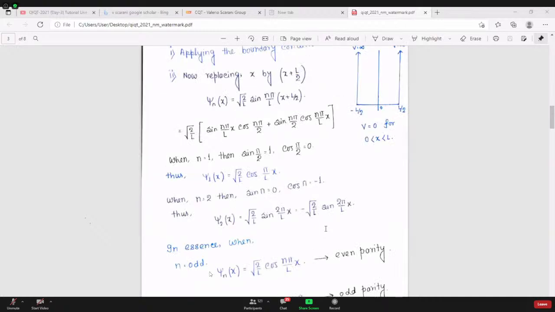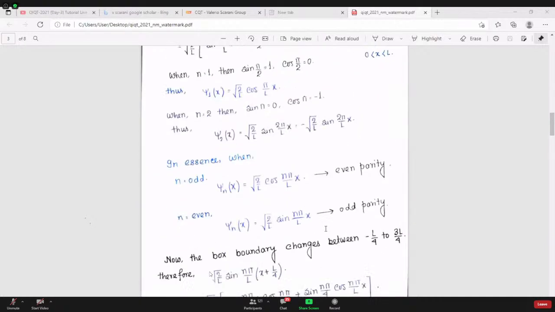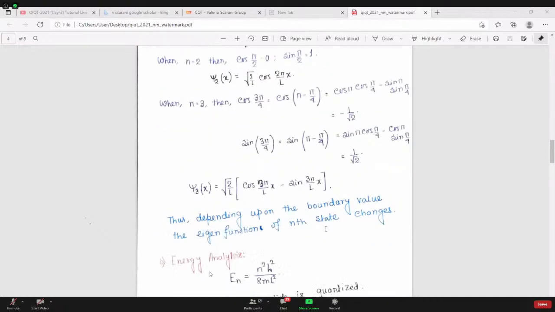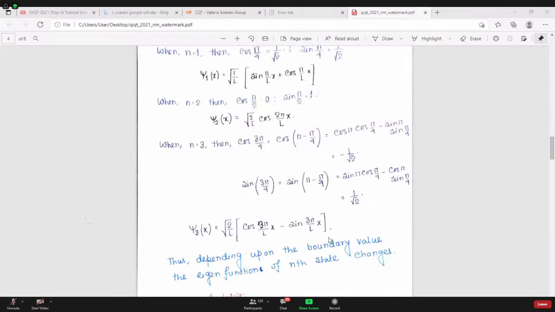So the wave function for a particle in a box will always be a combination of sine and cos function.